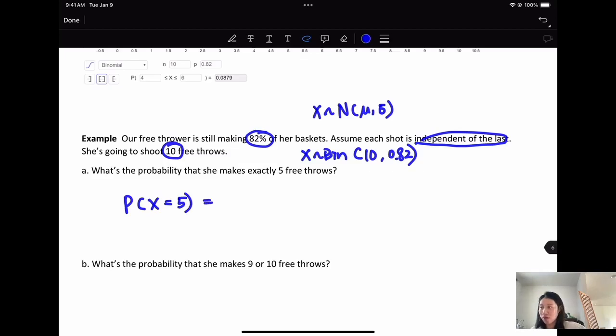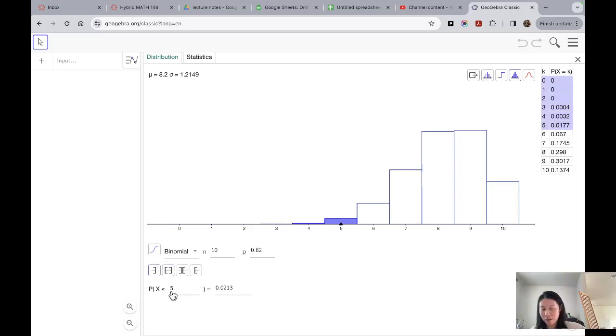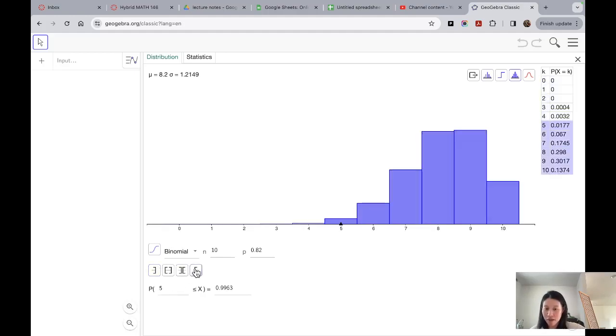So there are two ways to do it in GeoGebra. You can either look at the table on your right side, and look at 5, which is equal to 0.0177. Or you can change the setting here. So here is x less than or equal to 5, or x greater than or equal to 5.